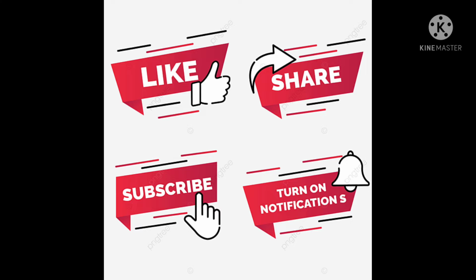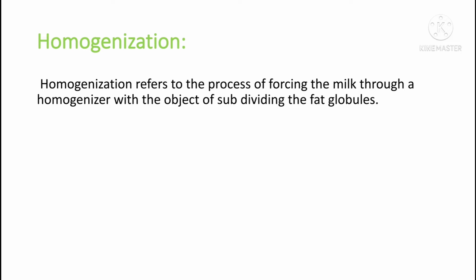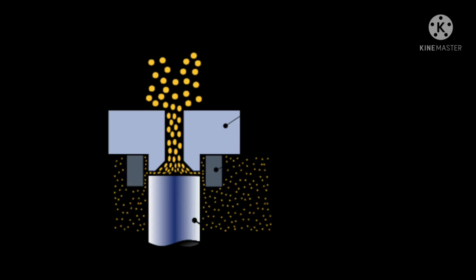In this video, we are going to learn the basic definitions related to food science and technology. Our first definition is homogenization. Homogenization refers to the process of forcing the milk through a homogenizer with the objective of subdividing fat globules.